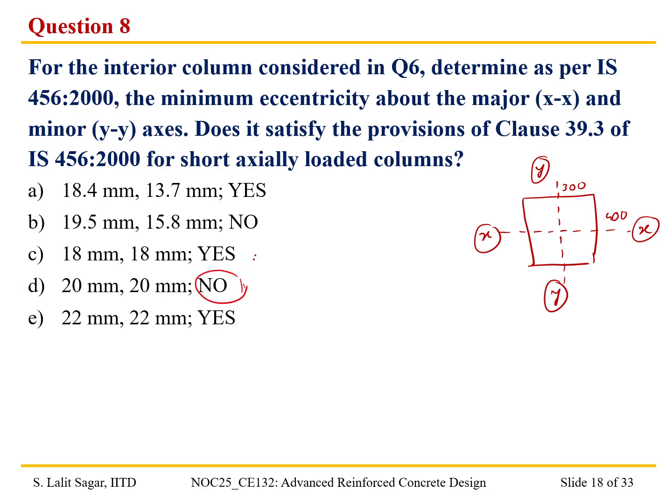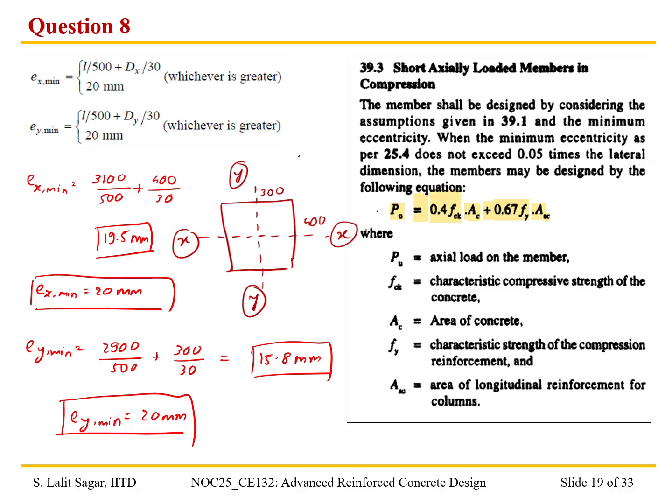Does it satisfy the provisions of clause 39.3 of IS 456 for short axially loaded columns? So let us see what it says. The minimum eccentricity should not exceed 0.05 times the lateral dimension. Let us see 0.05 times the lateral dimension along both these directions.